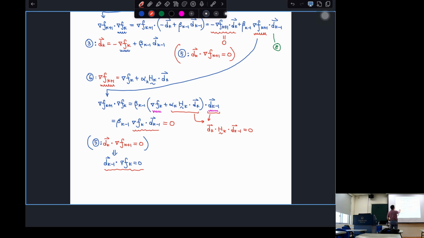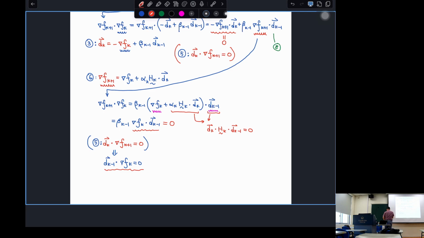Down here, we notice that it can be rewritten in this form using the information of 6. So it's two terms summing up. The second term equals 0 because of H-orthogonal. The first term equals 0 because of 5.